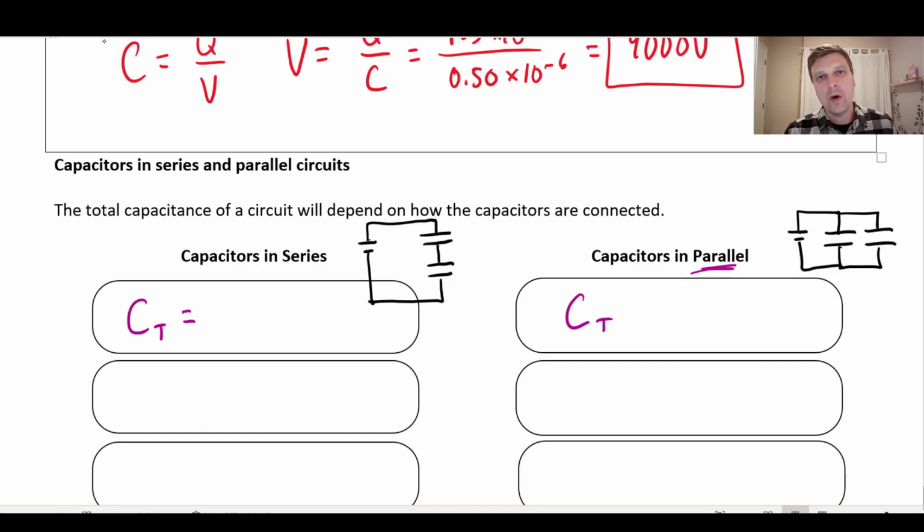If I just had the 1 capacitor on its own, obviously I would have a capacitance just equal to C1. When I come along and add a second capacitor, in a way what I've done is I've increased the total area available for electrons to gather on.